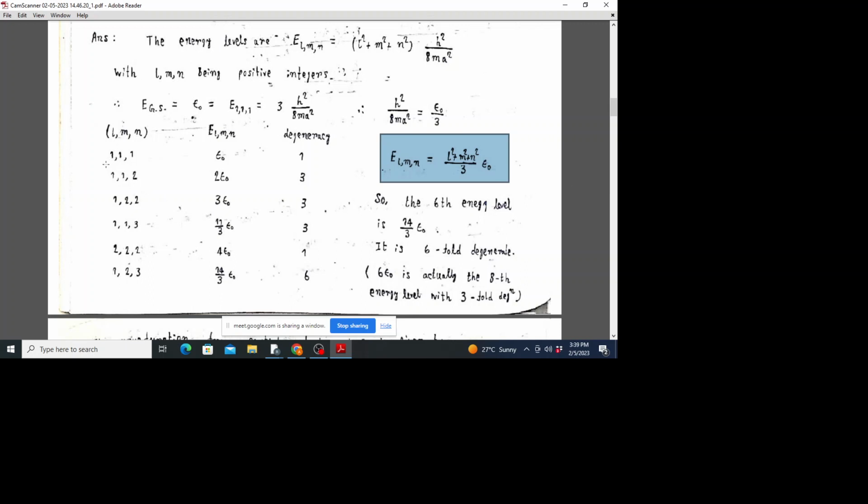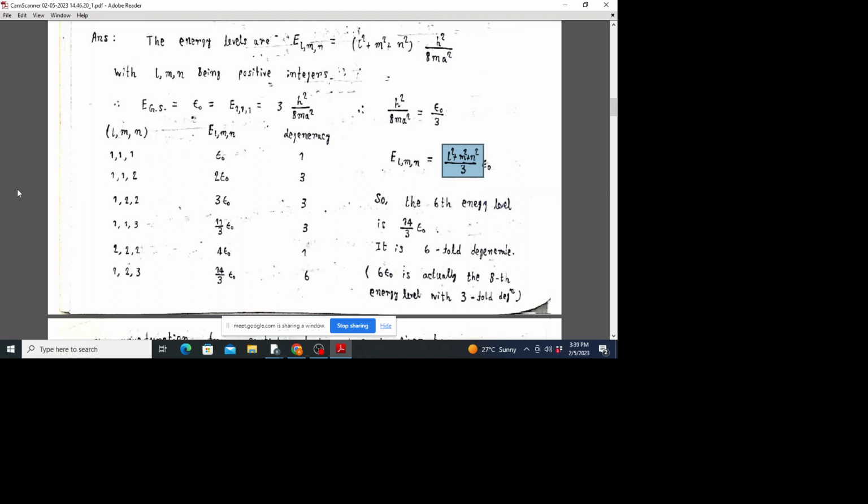So let us look at this case. Here I have written L, M, N as 1, 1, 2. So 1 square plus 1 square plus 2 square gives us 6, so 6 by 3 is 2.